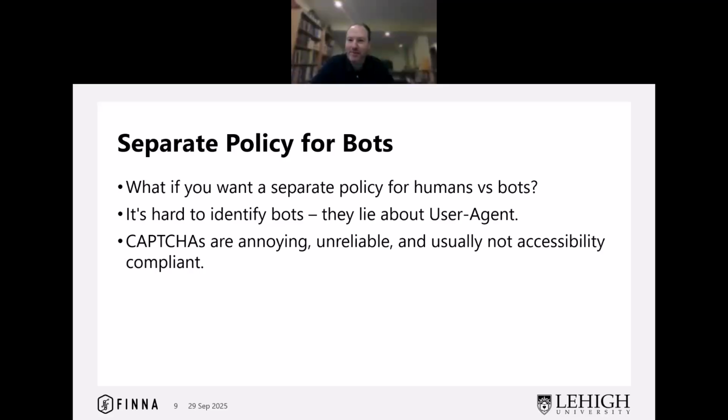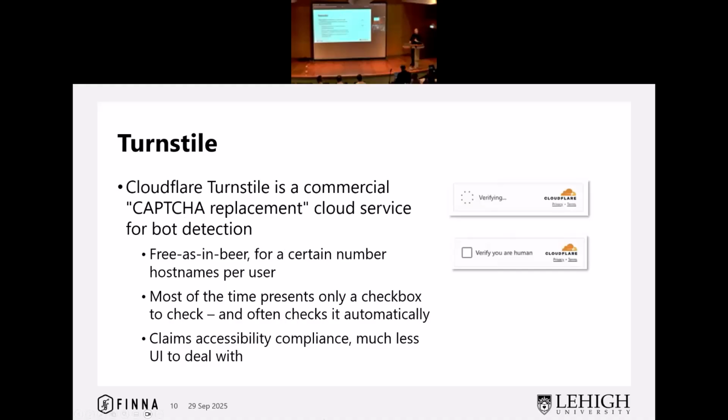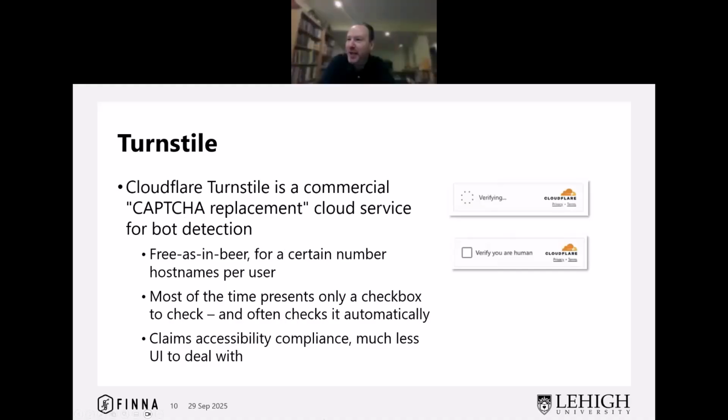All right. So I think we've covered this slide, but the point is sometimes you want a separate policy for bots because CAPTCHAs aren't different. So, Turnstile. It's a CAPTCHA replacement service that's intended just to detect bots. And it looks basically like what you see on the screen there.